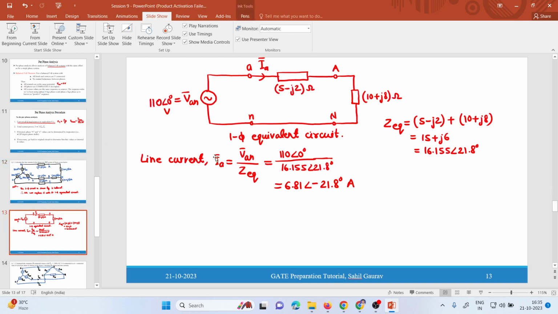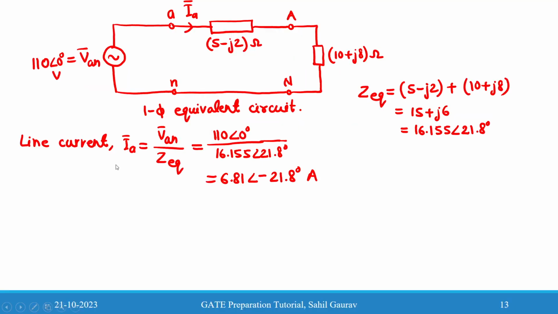So similarly, we have done the per phase analysis for A phase. So we can write here how we can find the line currents IB and IC. Here the sequence matters.